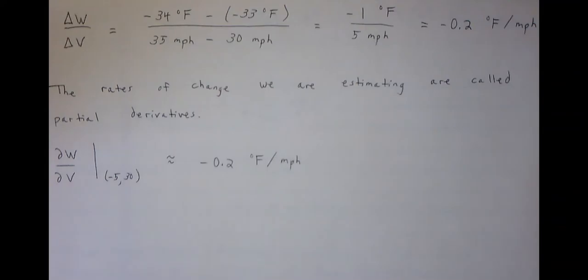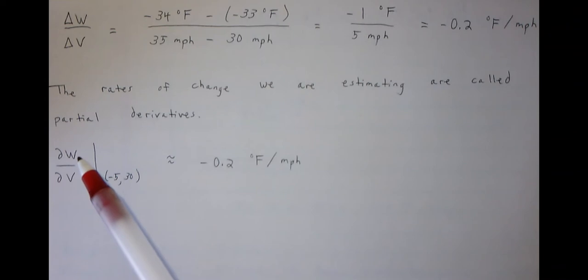The rate of change we just estimated is called a partial derivative. We're holding one variable fixed, in this case T, and letting the other, V, vary. So we're going to use a special notation for the partial derivative. It's this funny looking d. I'll call it a script d.